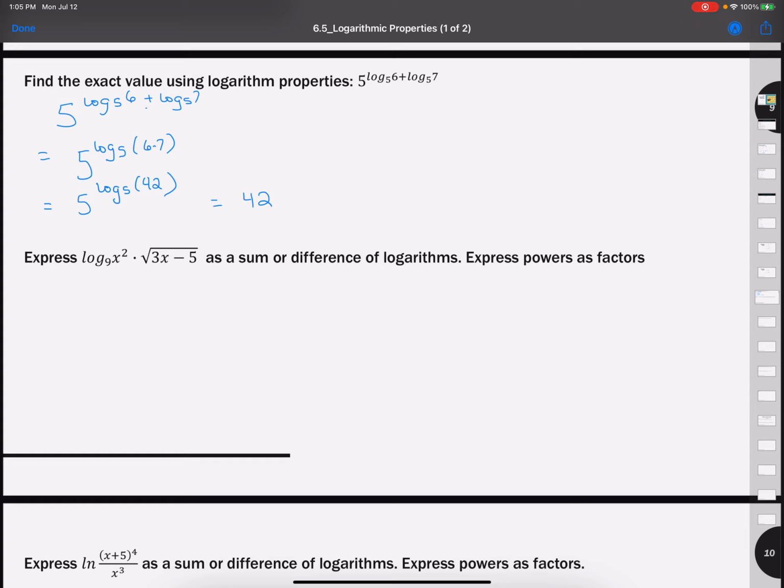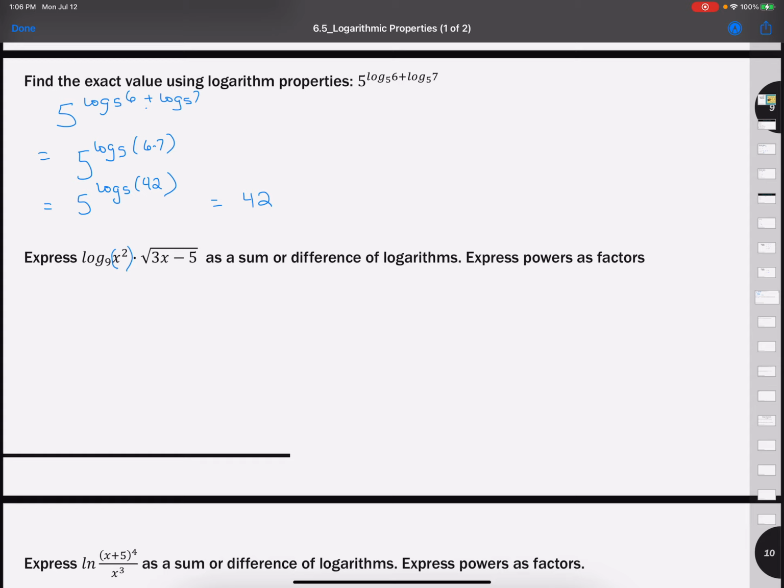Express log base 9 of x squared times the quantity square root of 3x minus 5 as a sum or difference of logarithms. Express powers as factors. So again, it's being multiplied, so you can look at it as log base 9 of x squared times that, right? So we have a product.